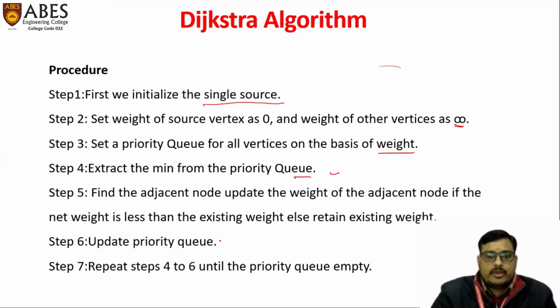After that, we'll update the priority queue. Then we'll repeat steps 4 to 6 until the priority queue is empty. So this is the procedure to perform Dijkstra's algorithm. Let's begin with an example of a graph.